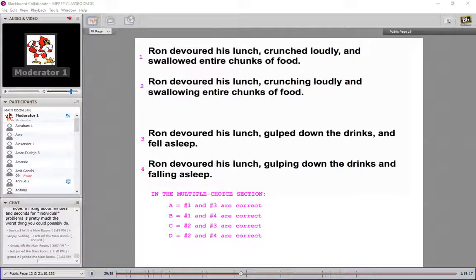In the same multiple choice section where you pick the answers to the problems, this is hopefully something that will not take longer than 30 seconds, maybe.